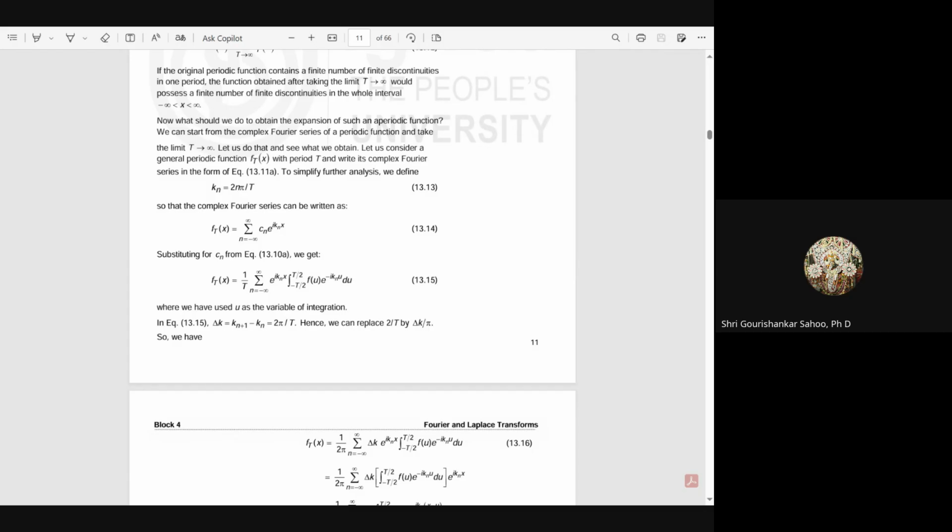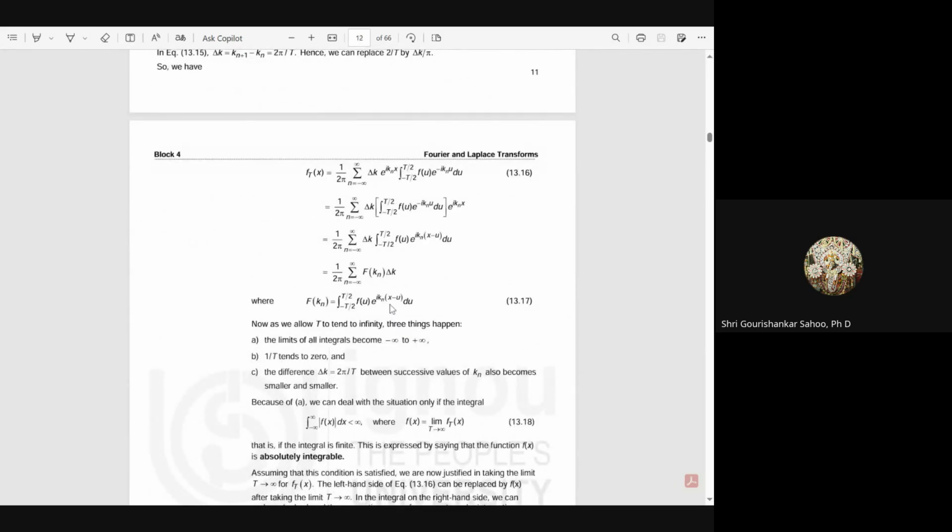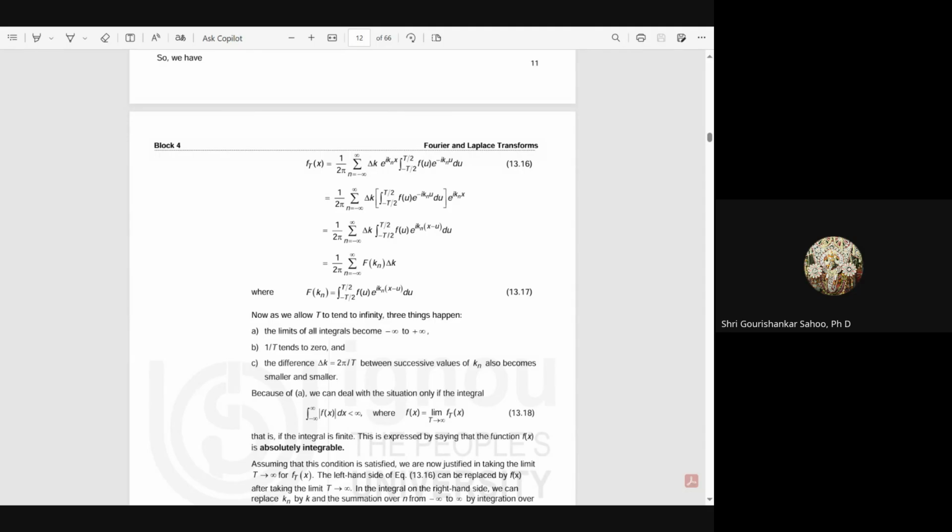So your delta k is equal to 2π by T, and you can replace 2 by T with delta k by π. So f_T(x) is equal to 1 by 2π summation n equal to minus infinity to infinity capital F of k_n multiplied by delta k. So F(k_n) is equal to integration from minus T by 2 to T by 2 of f(u) e to the power i k_n (x minus u) du.